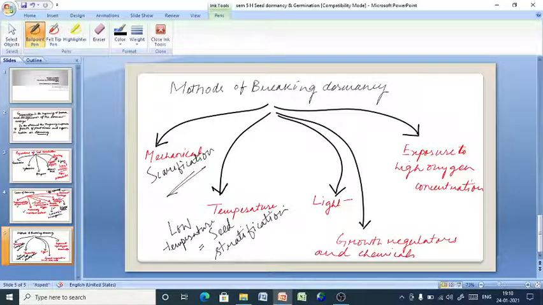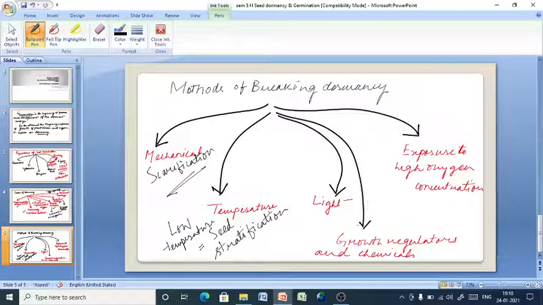Now, growth regulators and other chemicals. A number of growth regulators like gibberellin and cytokinins have been found to increase the process of germination, already discussed, and some other chemicals which can also induce germination by reducing dormancy include thiourea and potassium nitrate.